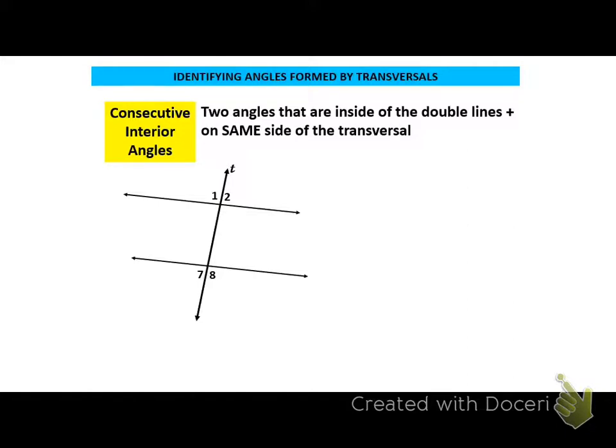So two angles that are on the inside of the double lines and on the same side of the transversal.